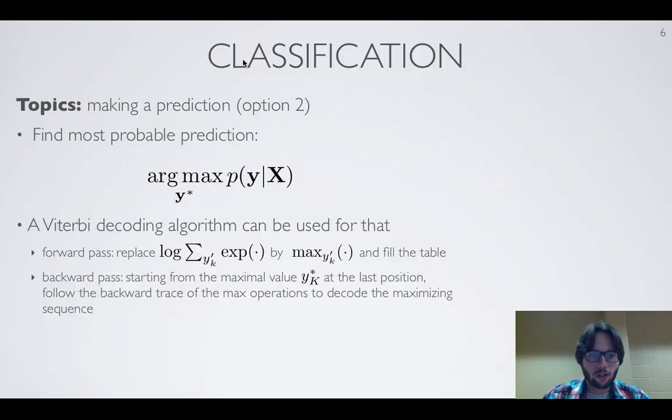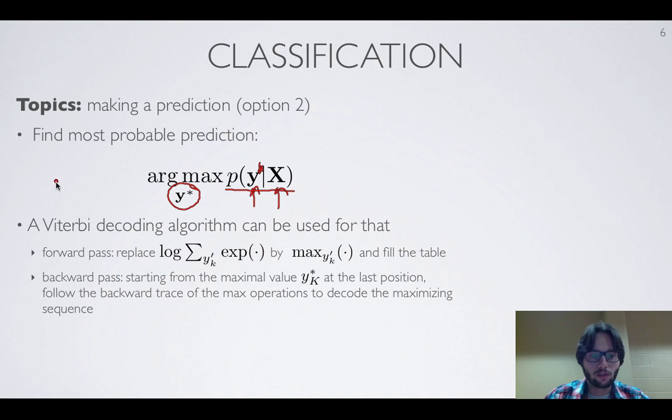So that's the first option. Another option would be to do the equivalent of what we were doing in the non-sequential prediction part. That is, I'll just produce as my sequence output the single sequence, y star here, with the largest joint probability conditioned on my input sequence.